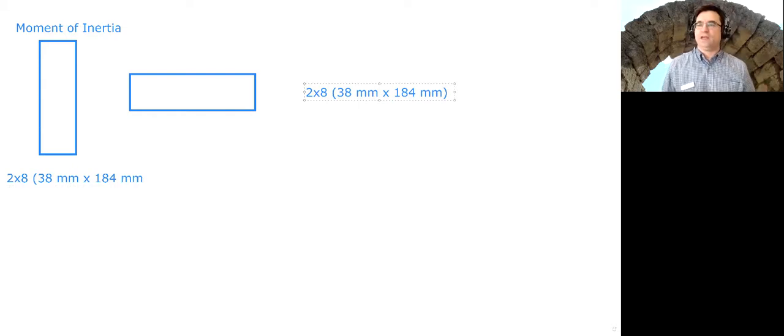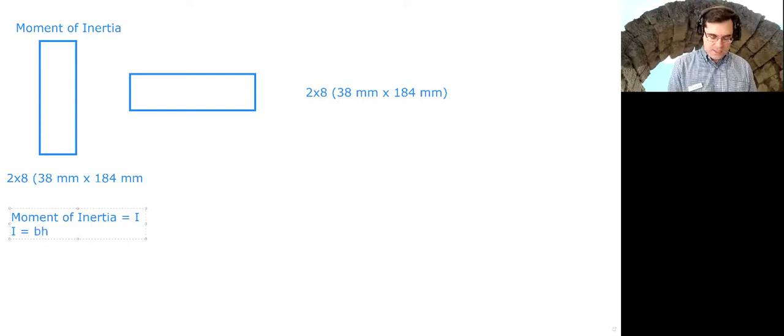Okay. All right. I'm going to give you this formula now for moment of inertia. The symbol for moment of inertia is I, capital I. And the formula for it, for this shape, a rectangle, is bh cubed divided by 12. So to make sure that I am passing on to you exactly what I mean, for a rectangle, I is equal to, the numerator is b times h cubed, all of that divided by 12.